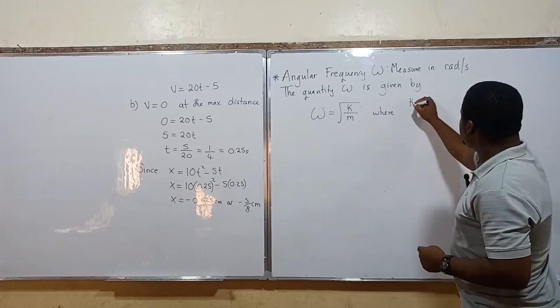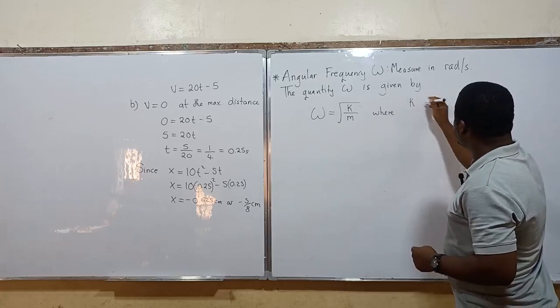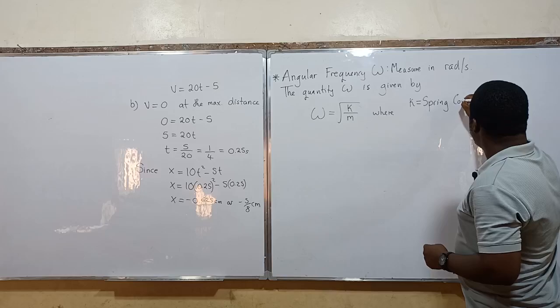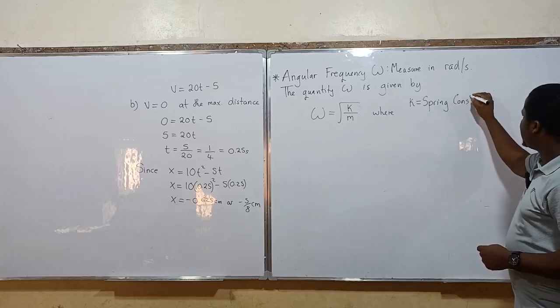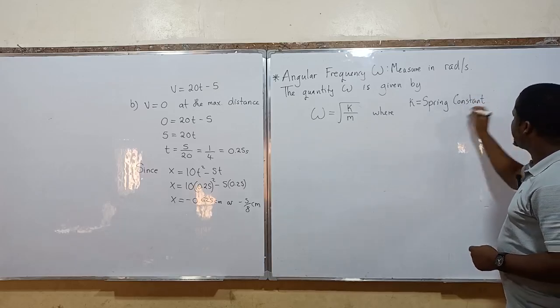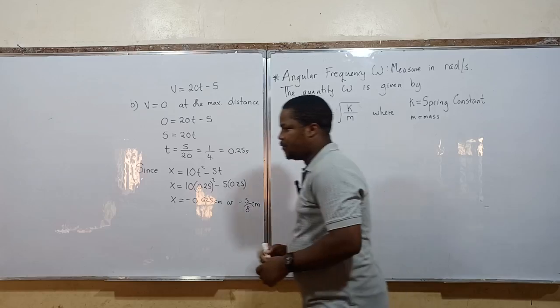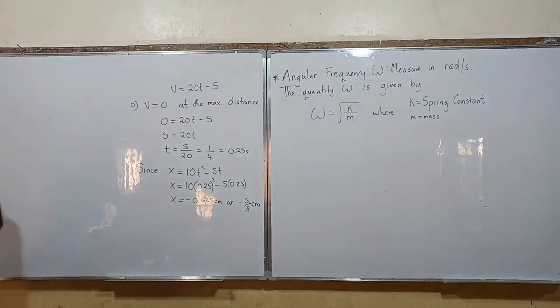What is k? What kind of constant? Spring constant. What is m? Mass. M is just a mass. So this is the formula for angular frequency.